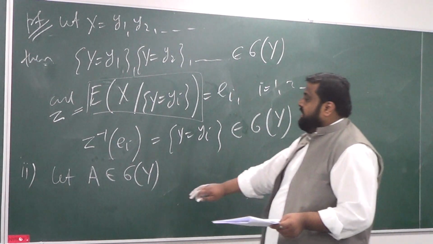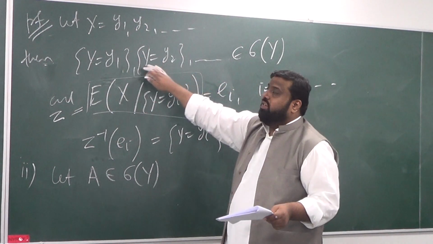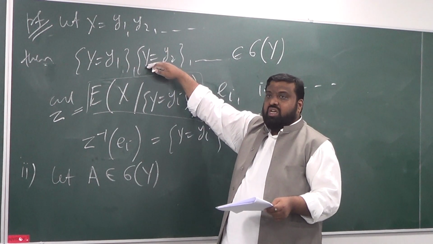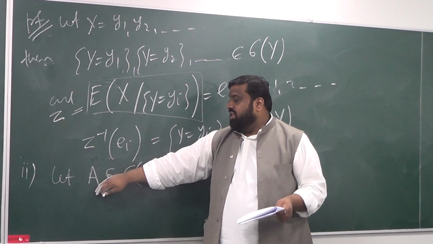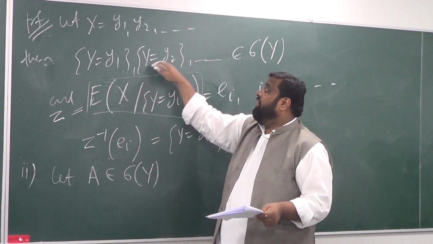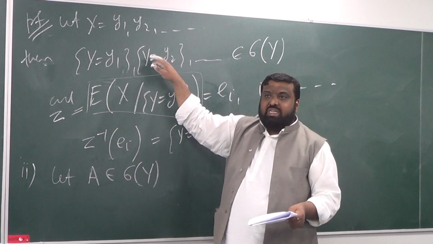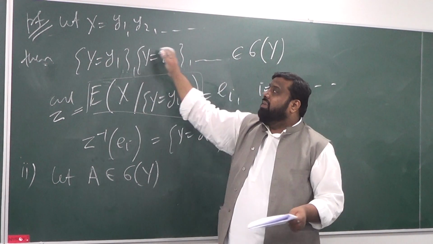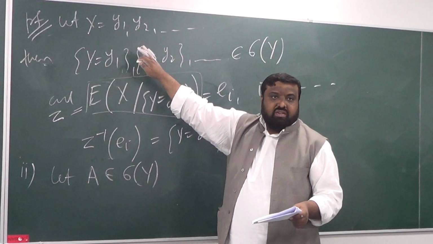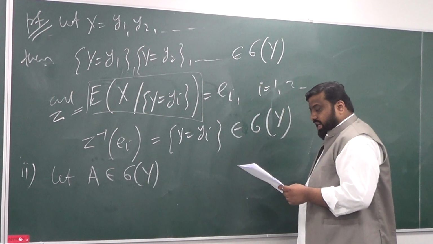See, sigma field is generated by such kind of sets. So if you take any A from the sigma field generated by Y, then A can be written as a countable union of these. I don't know which sets are going to come, but I can take some countable subcollection of this, and I can union it. That is going to give me A.